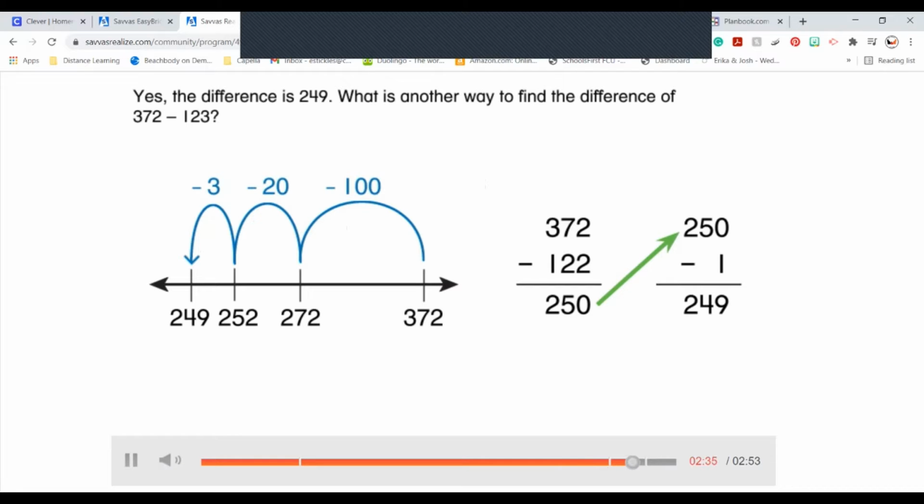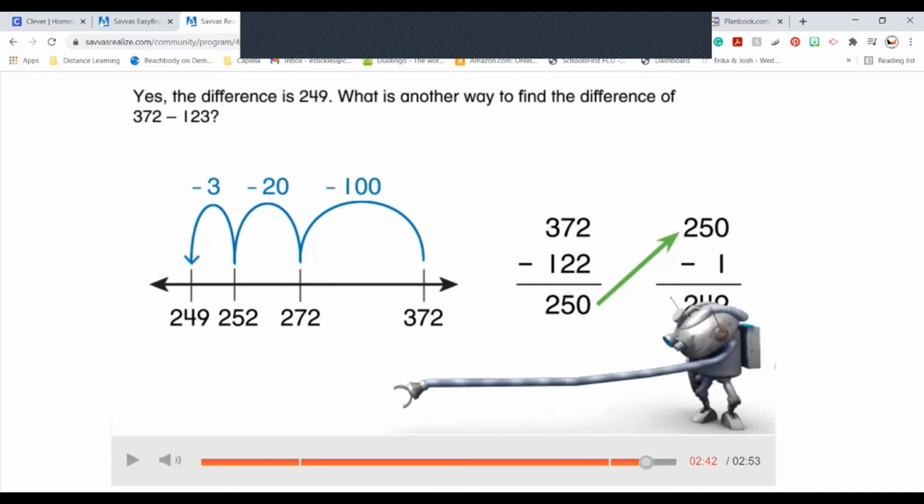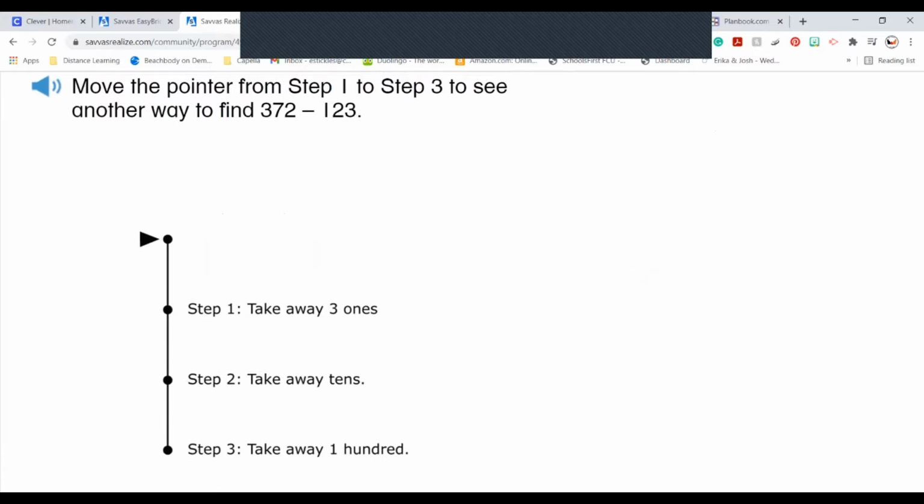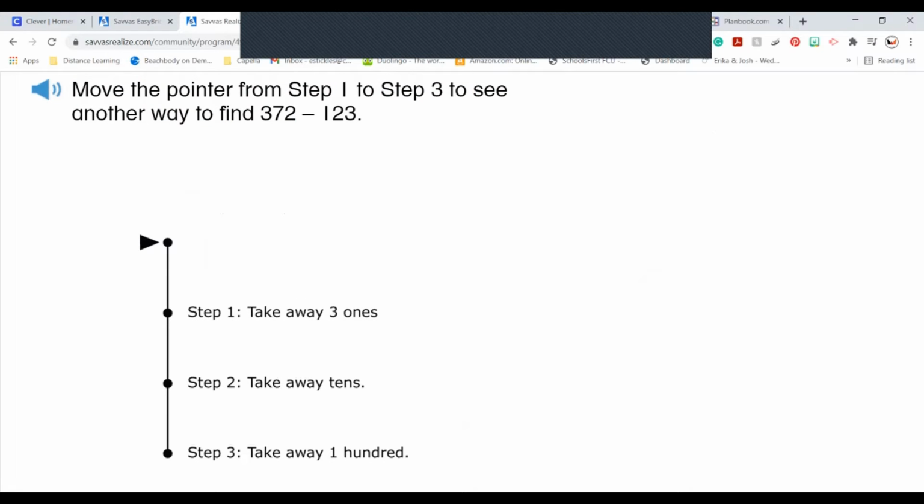What is another way to find the difference of 372 minus 123? Let's try it. It says move the pointer from step 1 to step 3 to see another way to find 372 minus 123. So they started off by stacking up 372 minus 3 ones.